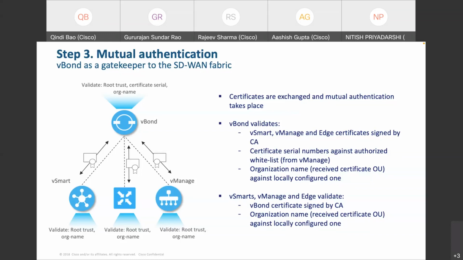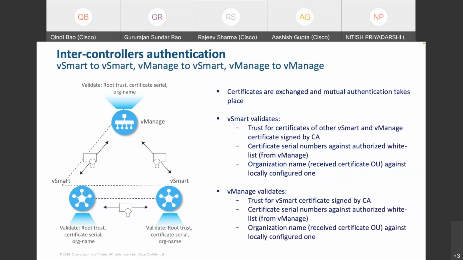For vSmart, vManage, and Edge, they need to validate the vBond certificate signed by the CA, and validate the organization name. Similarly, it's retrieved from the certificate OU and compared with what is locally configured. Can we move to the next one?